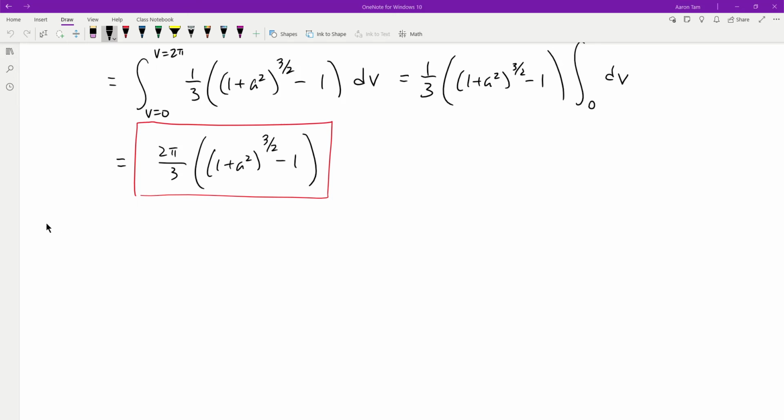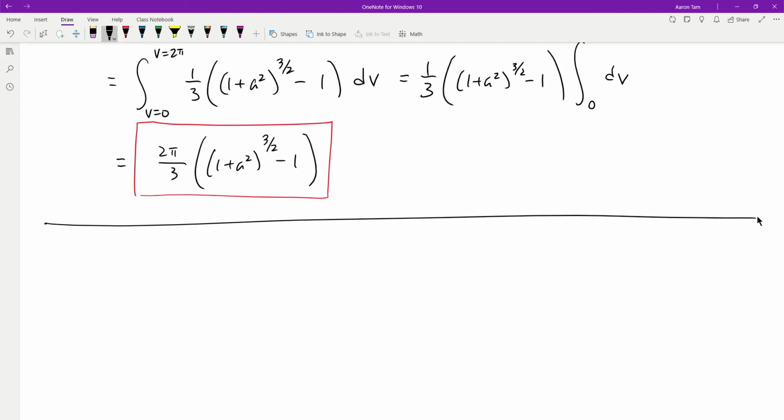So what's the basic idea of surface integral? Imagine that we have a vector field that is in R3. Let's say we're given a vector field F that maps from R3 to R3.